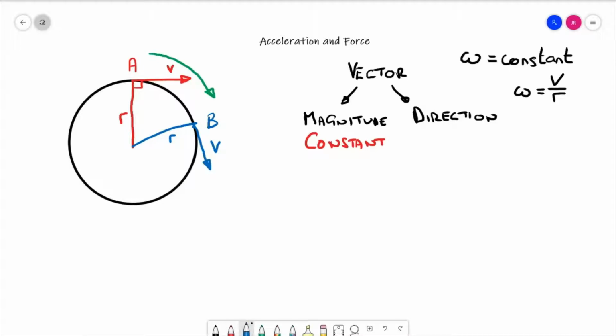Simply though, by looking at what I've drawn on the screen so far, we can see that the direction of our velocity is constantly changing as it moves around the circle.